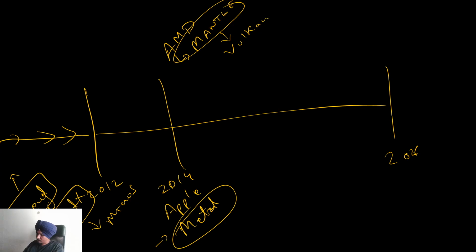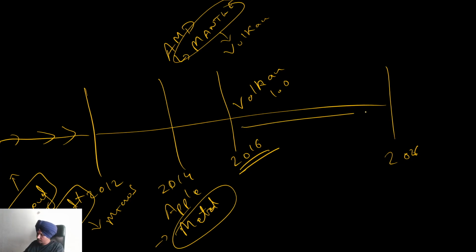So the community came together, which is Khronos. Khronos is a consortium of companies, so everyone used Mantle and started working towards it. In 2016, Vulkan was officially released. That was Vulkan 1.0, and it is almost 10 years now that Vulkan has existed.